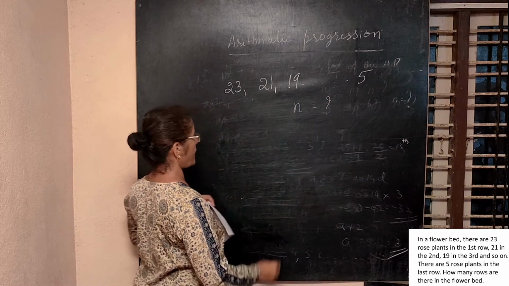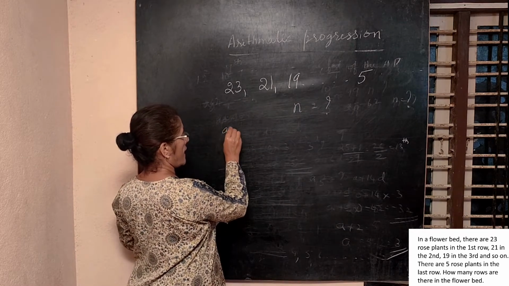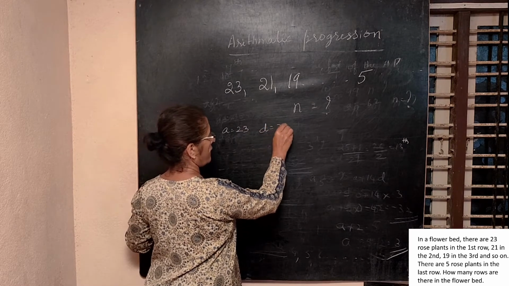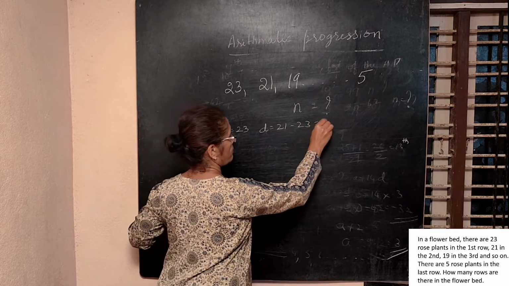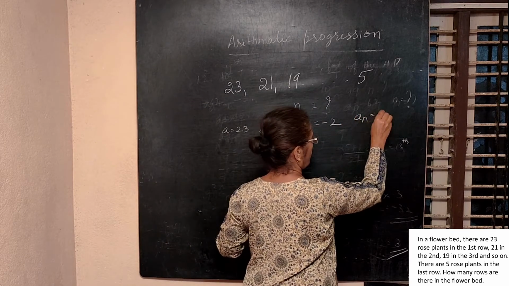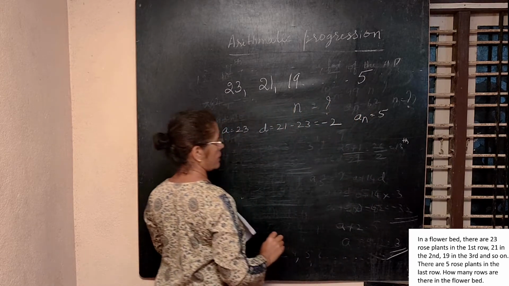From this data given I can write down A is equal to 23, D is equal to 21 minus 23 is equal to minus 2, an is equal to 5, n is equal to how much?